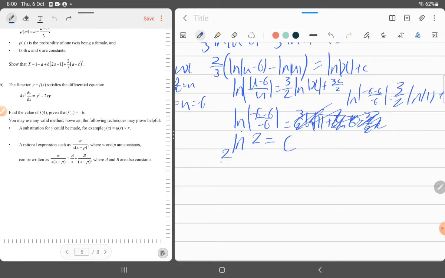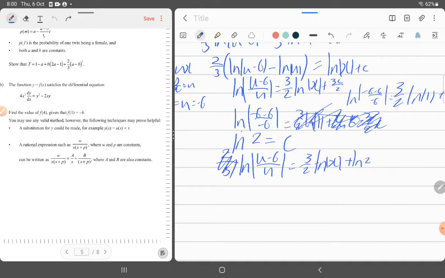So 2 over 3 natural log of u take away 6 over u equals 3 over 2 log of x plus natural log of 2.